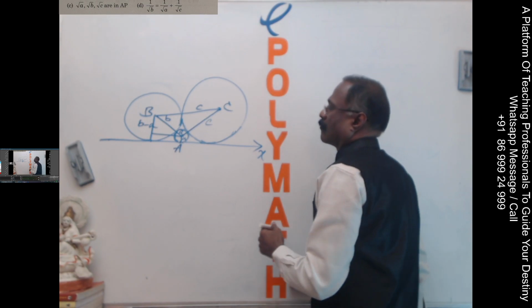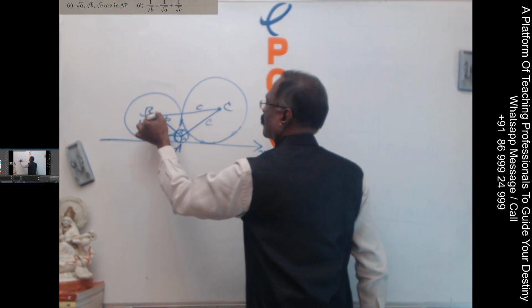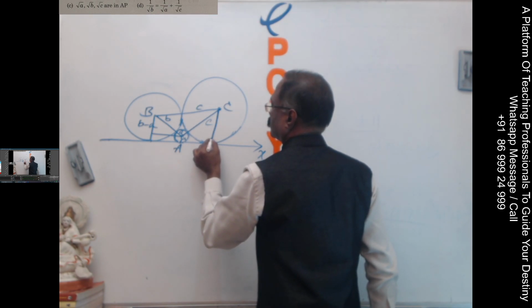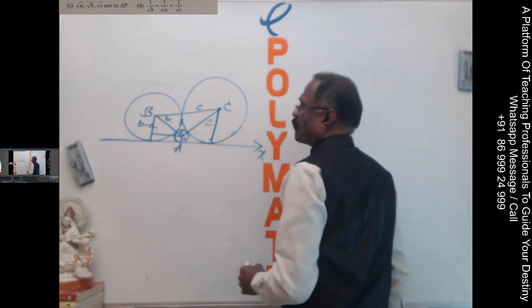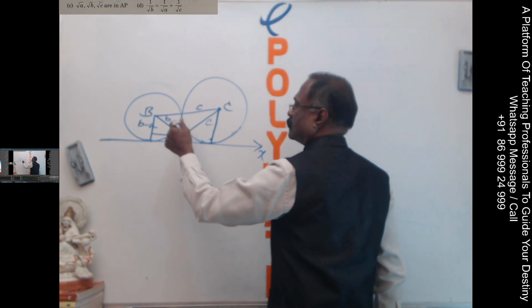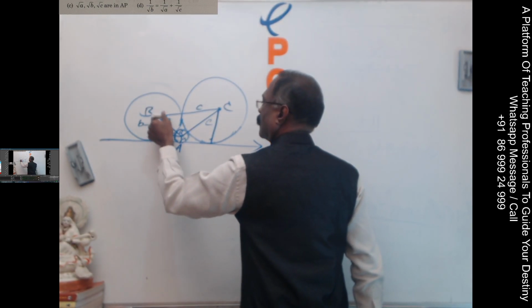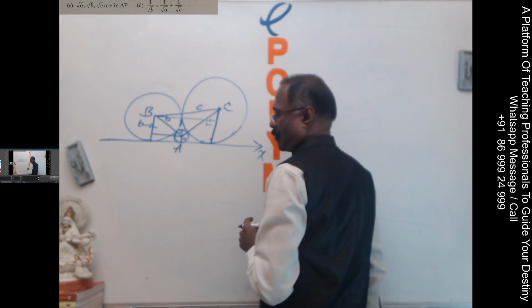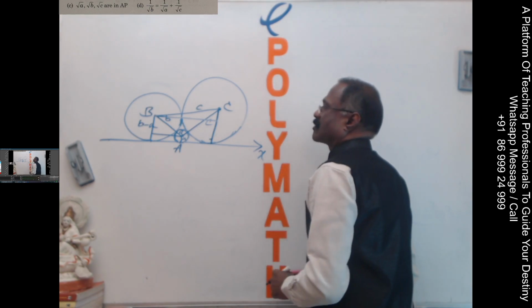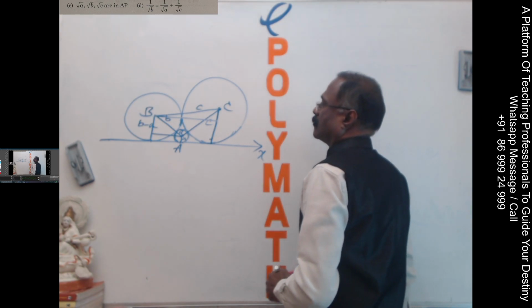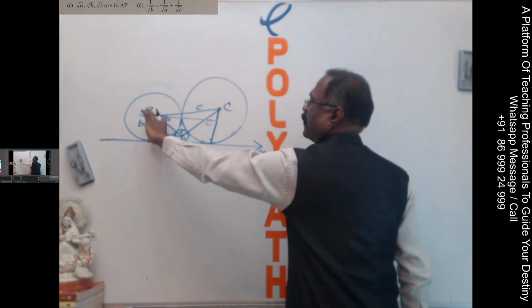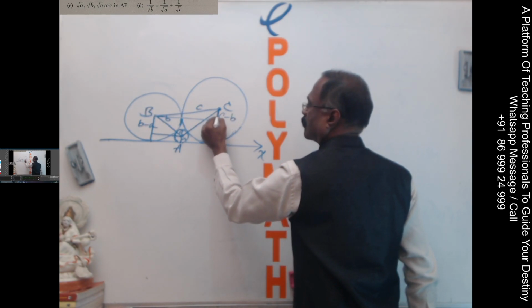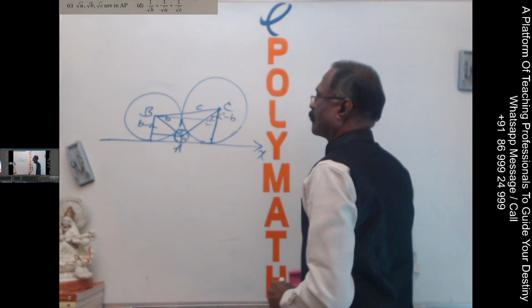Similarly, this length is c. This total is C, this is B, and this is C minus B. See that please.